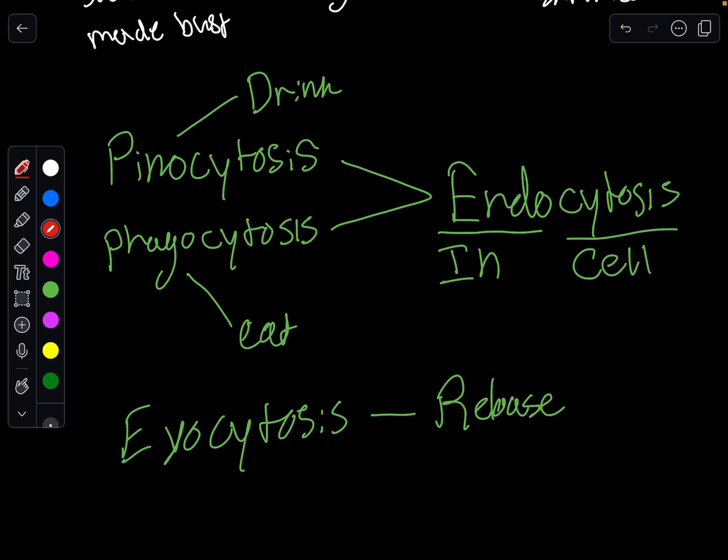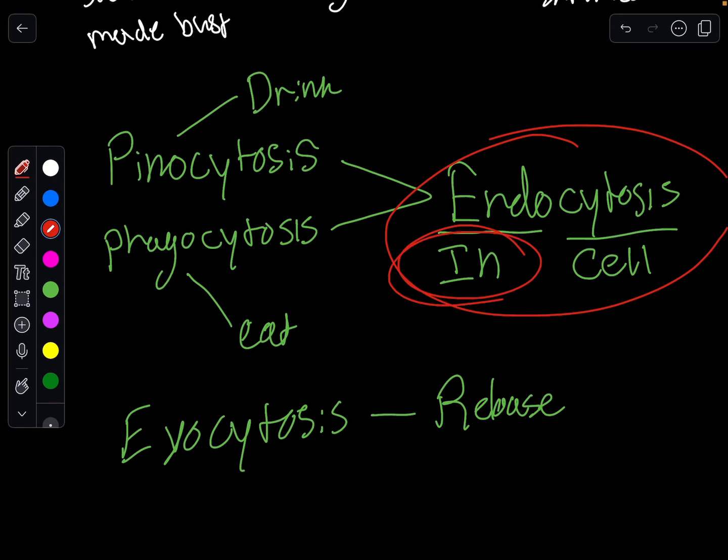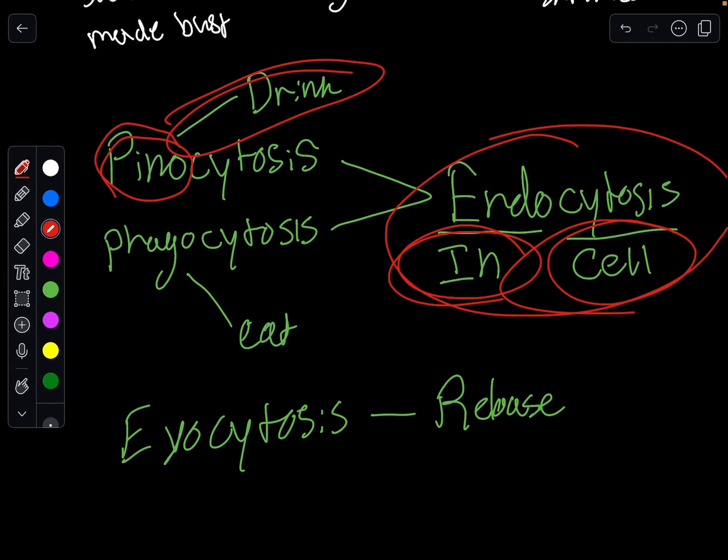Endocytosis is where cells take materials into the cell by forming vesicles, and that's right here. Endo means in, and cytosis means cell. We have pino, which means drink, and that's pinocytosis. And then we have phagocytosis, where phago means eat.